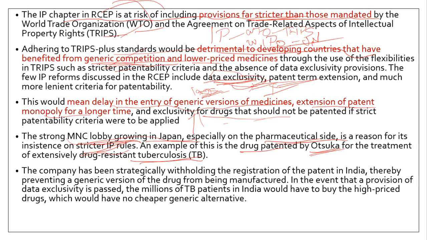And it also tries to say that if these intellectual property rights are implemented, then it would especially affect tuberculosis patients in India, because it would increase the price of the drugs and there would be no cheaper generic alternative. Fine. So the crux of the article is that because of intellectual property rights, generic medicine and data exclusivity will be restricted, and because of this, the prices of drugs will go up, which will impact Indian patients.